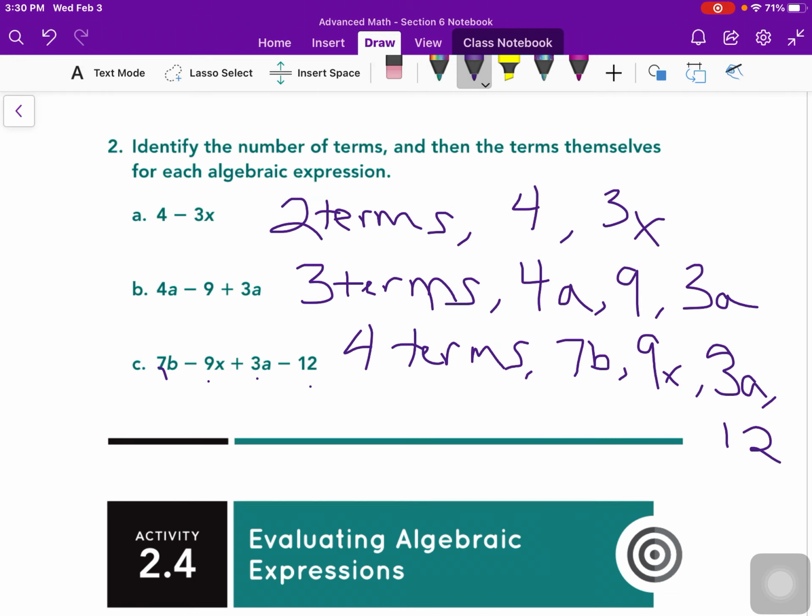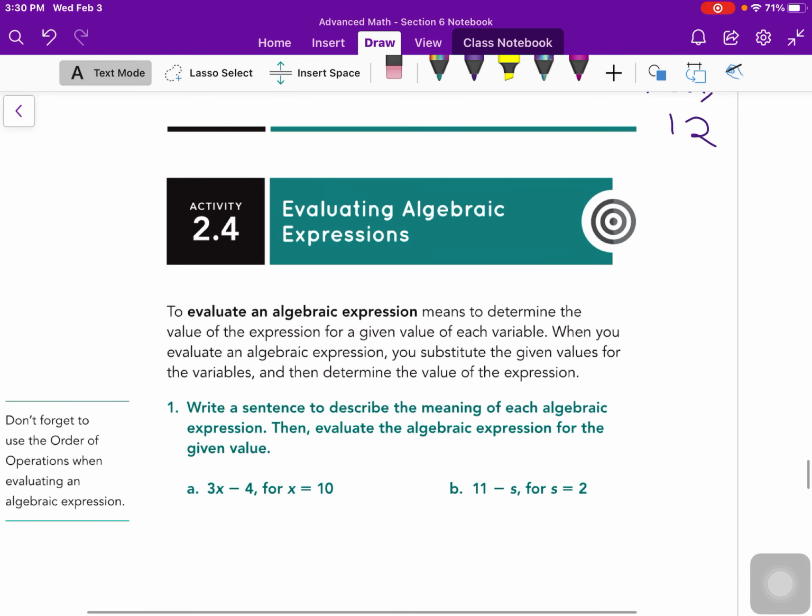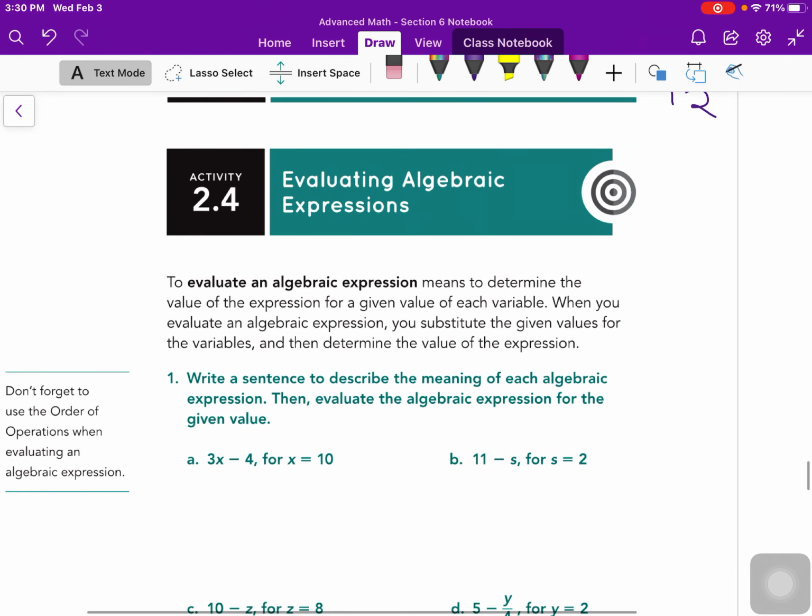All right, moving on, we're going to evaluate them. We're going to actually attempt to kind of solve them, so to speak. To evaluate an algebraic expression means to determine the value of an expression for a given value of each variable. When you evaluate algebraic expressions, you substitute the given values for the variables and then determine the value of the expression.